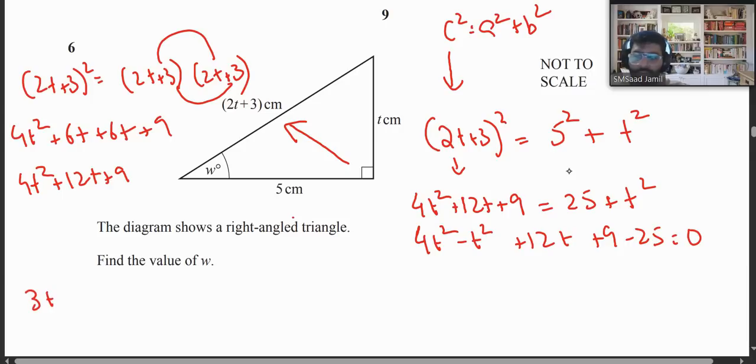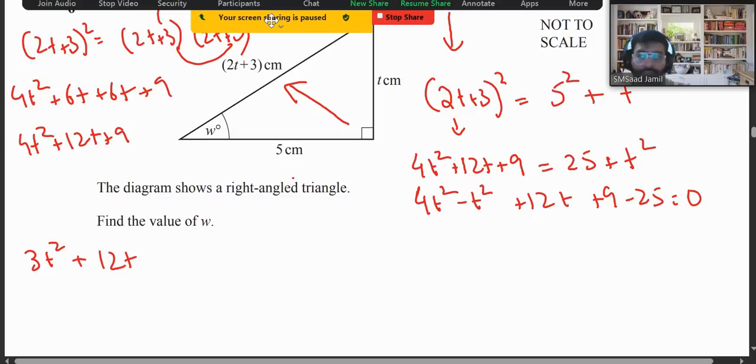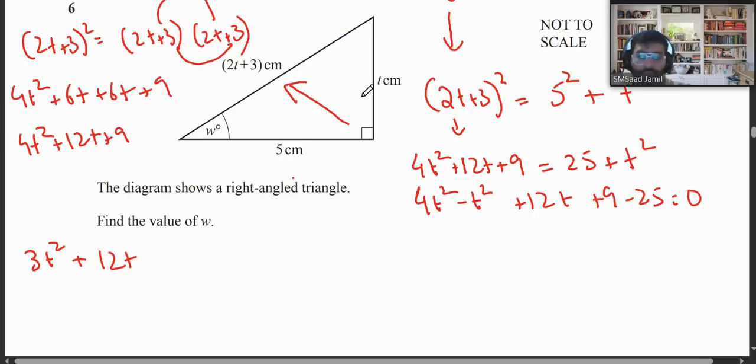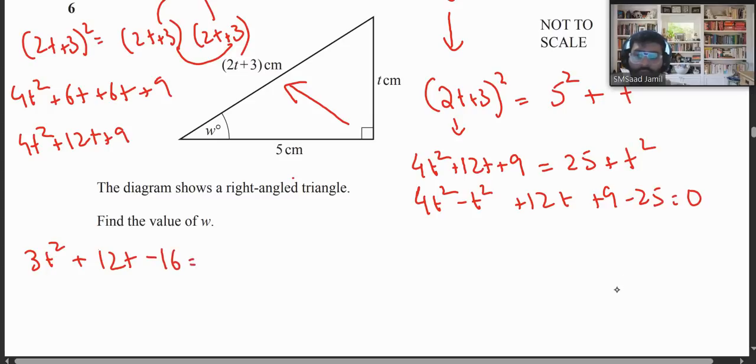This becomes 3t square plus 12t, sorry, my bad, plus 12t, 9 minus 25, that's minus 16, is equals to 0.